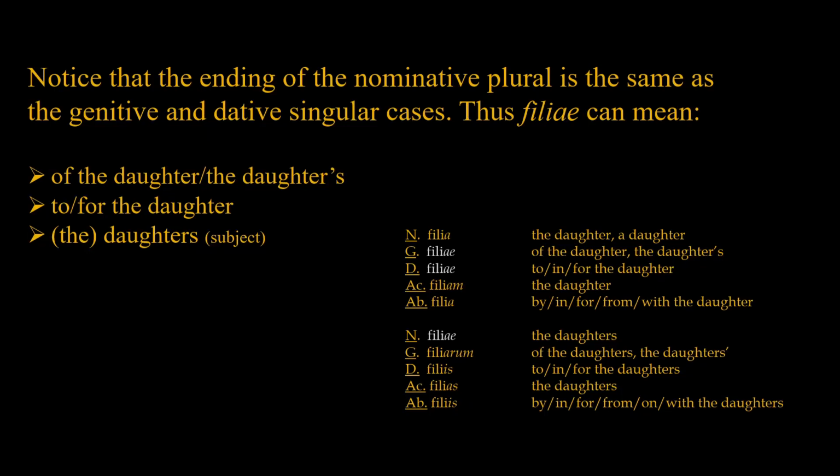If that sentence were in Latin, book would be in the accusative case because it's receiving the direct action, so it's the direct object, and then the daughter is receiving the next level of action and is the indirect object. And so in that case, daughter is in the dative case. Or we could say that the daughters are reading a book. So the daughters are doing the action of the verb, and so that would be in the nominative plural.